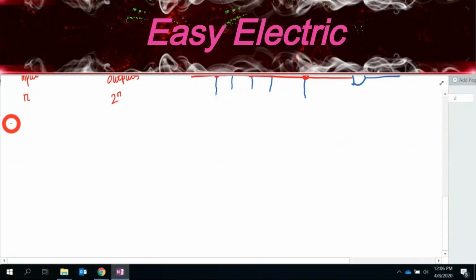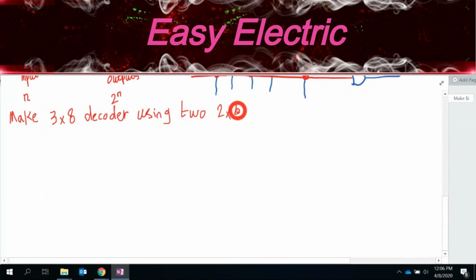We want to actually make a 3x8 decoder using 2x4 decoders.